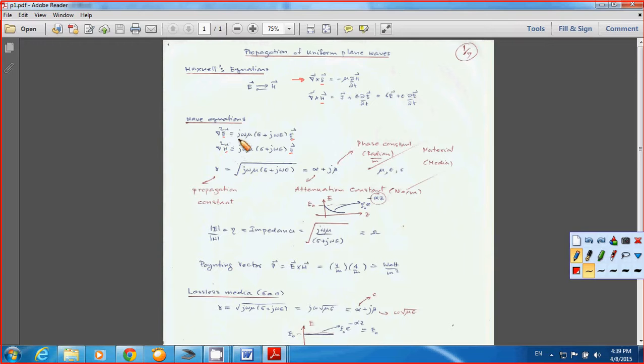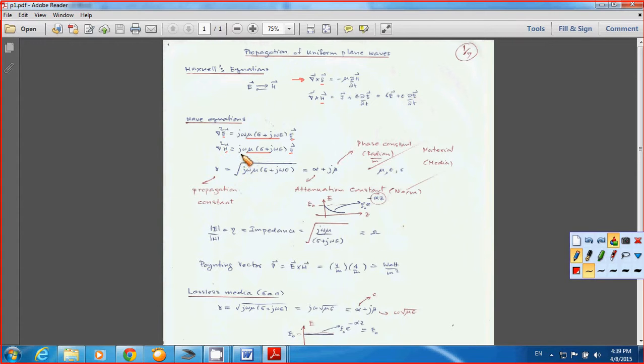You have a factor here, j omega mu multiplied by sigma plus j omega epsilon, and it's the same for the equation for the magnetic field. These two terms play very important roles and are used a lot in electromagnetic fields and waves.